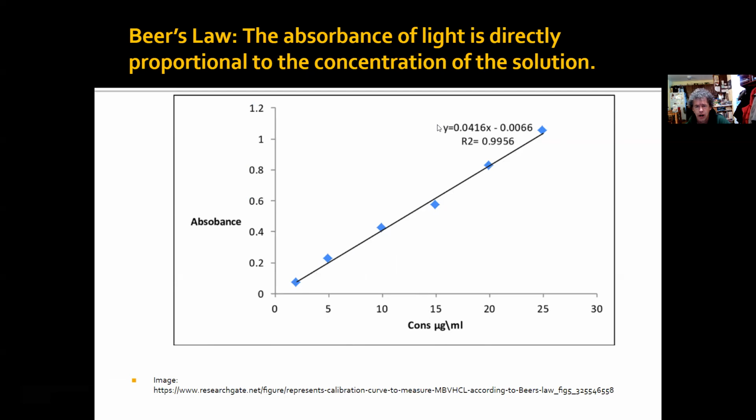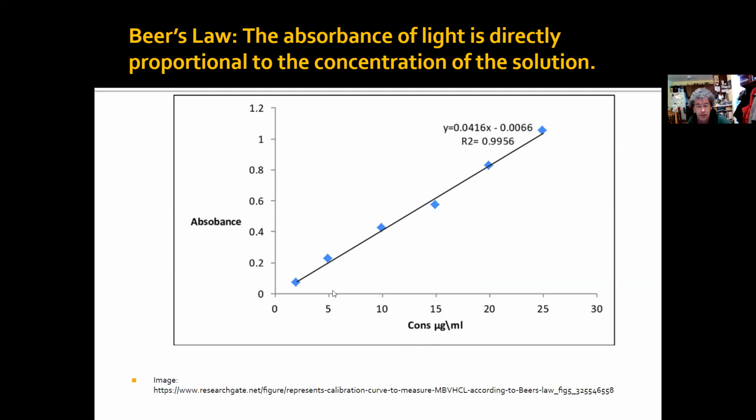In this case, y equals mx plus b: 0.0416x minus 0.0066. So that's the equation for the line. If you have the absorbance, that would be y, and you could put that in here and then solve for x and find out what the concentration is.